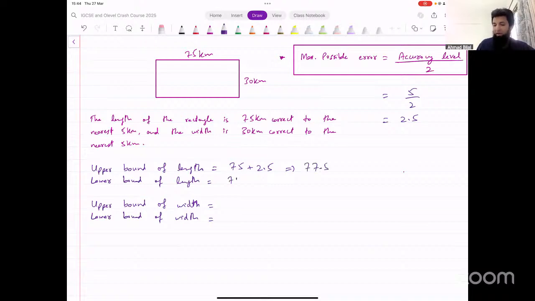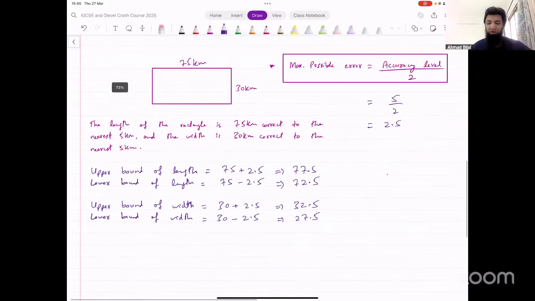And the minimum could be 75 minus 2.5, and that would be 72.5. And for the width, this is 30. We could say that's 30 plus 2.5, and that gives us 32.5. And the minimum possible width, what would that be? 30 minus 2.5, and that's 27.5.